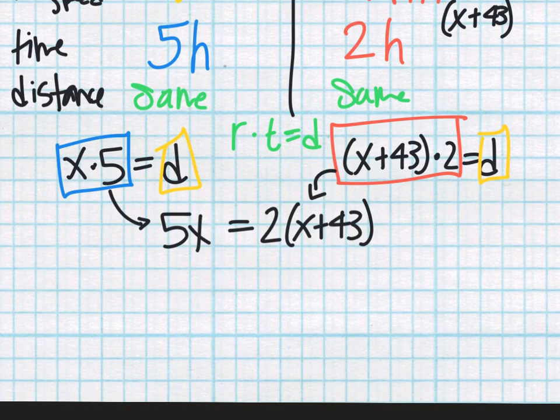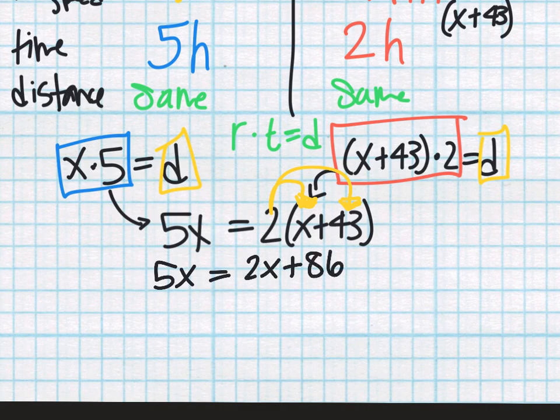So let's figure out what x is. First thing I want to do is distributive property. I'm going to take this 2, multiply it by x, and then multiply it by 43. So 5x is staying the same, nothing happens to it. And then this is 2x plus 86.